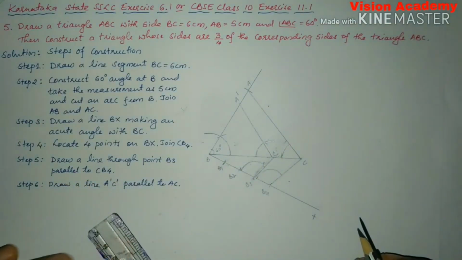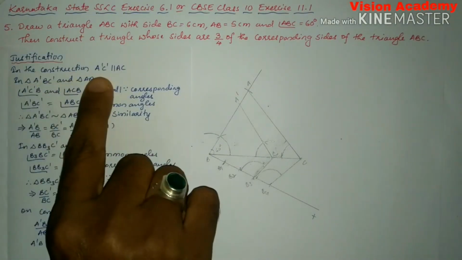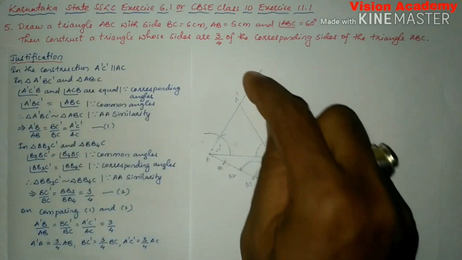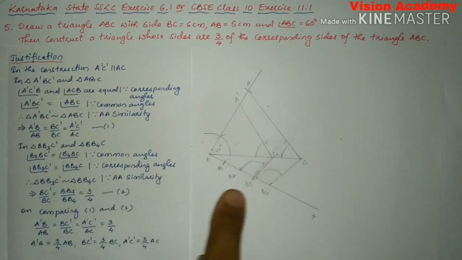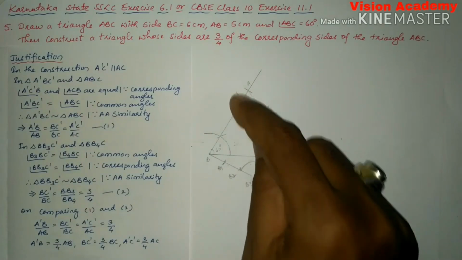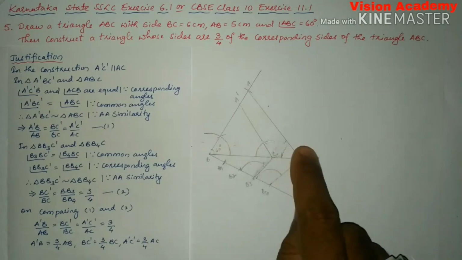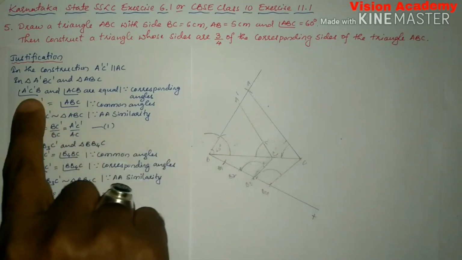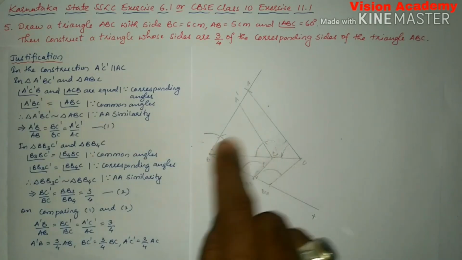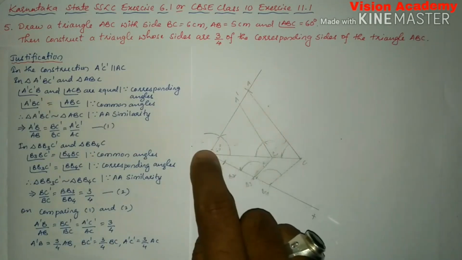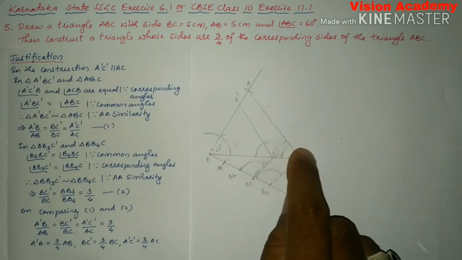Now we'll move on to justification. In the construction, A dash C dash is parallel to AC. In triangle A dash B C dash and A B C, here angle A dash C dash B and A C B are equal, because these two angles are corresponding angles.